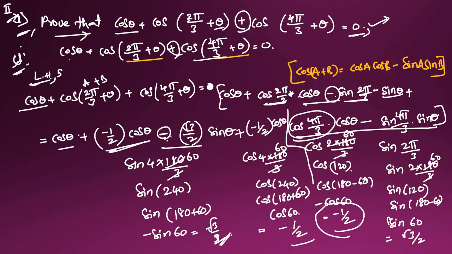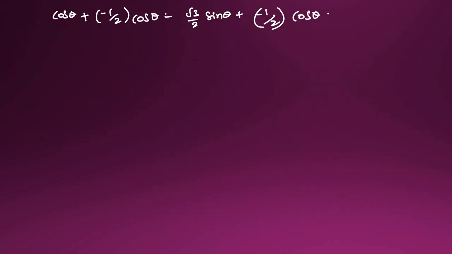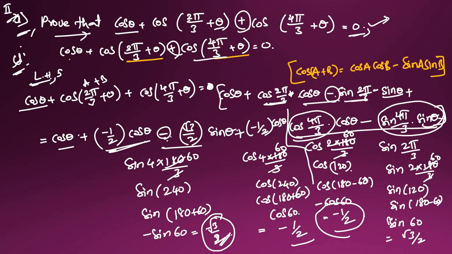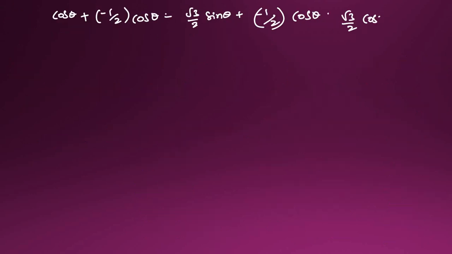This minus root 3 by 2 into sin theta term, so we will write again in this one, root 3 by 2 sin theta. Here minus will be there, so this total will come here.